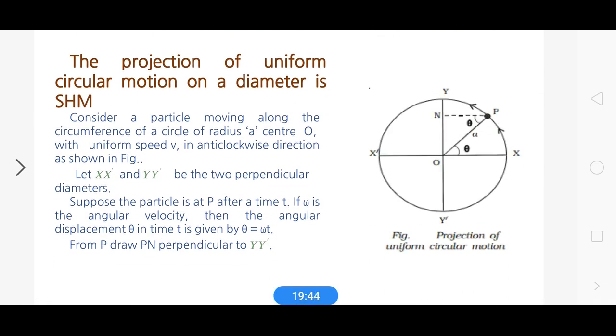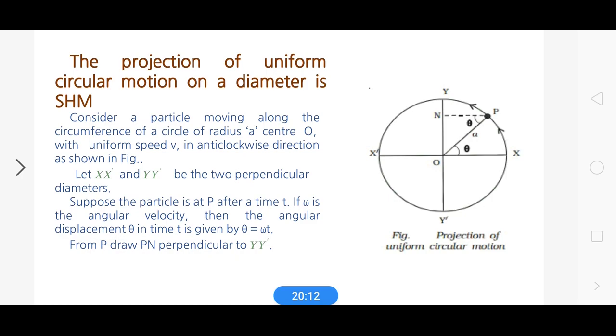Now the projection of the uniform circular motion. To explain this, I am considering a particle revolving in a circular path. It is at point X and it is moving in the direction X, Y, X dash, Y dash, X. I am considering the particle shifted from X to point P in t seconds.